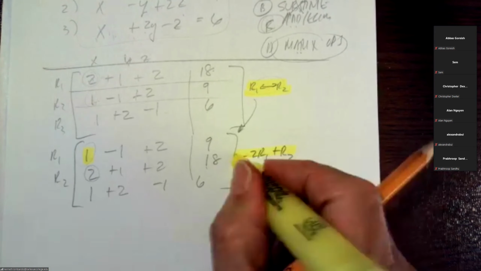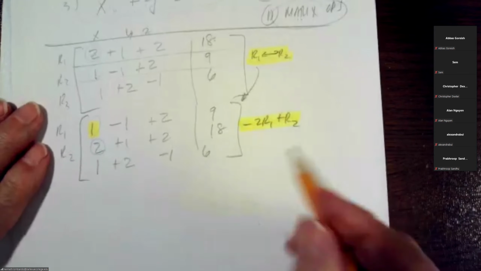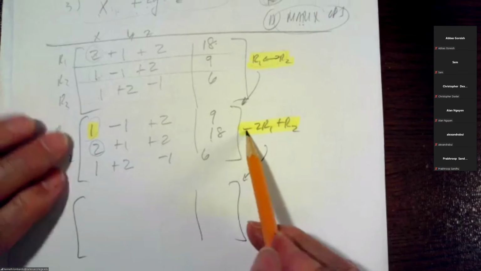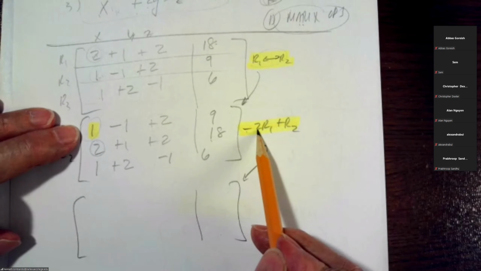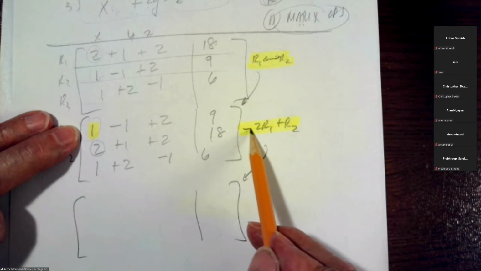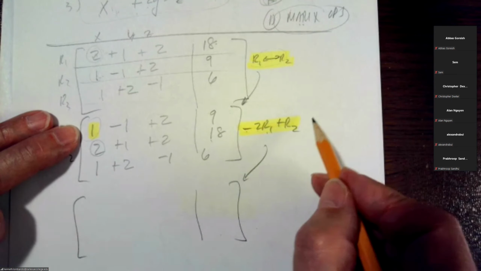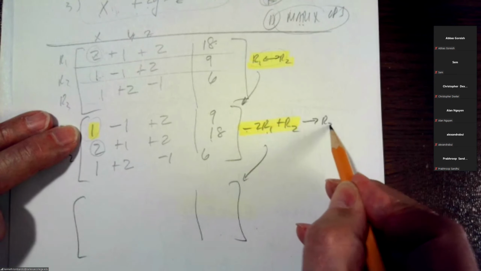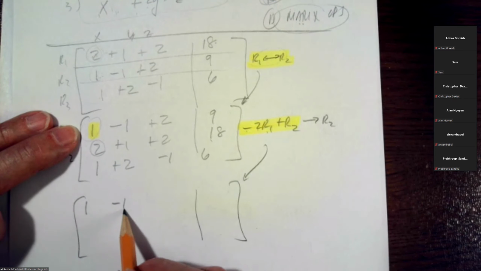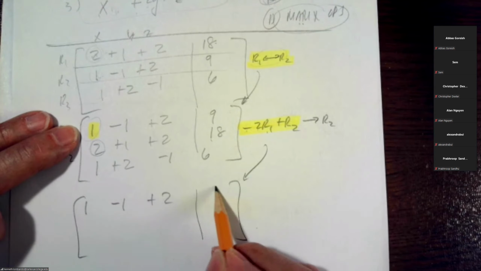And let's see what happens when we do that. And that generates a new one. So -2 times row 1. Now, have I changed row 1? No, I'm operating on row 1 and adding it to row 2. So this will generate a new row 2. Row 1 remains the same as 1, -1, +2, 9.